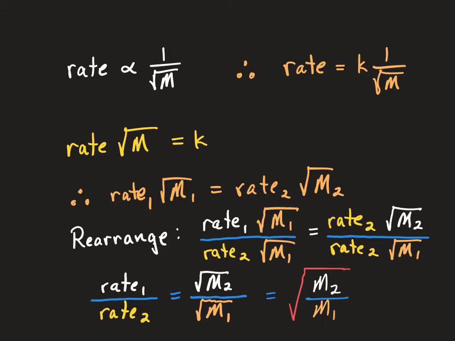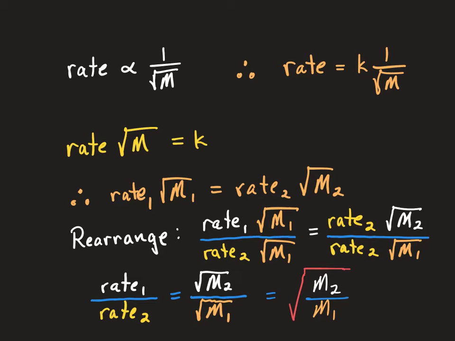If we do that for two different conditions, the rate of the first gas times the square root of its molar mass is equal to the rate at which a second gas would escape under the same conditions times the square root of its molar mass.